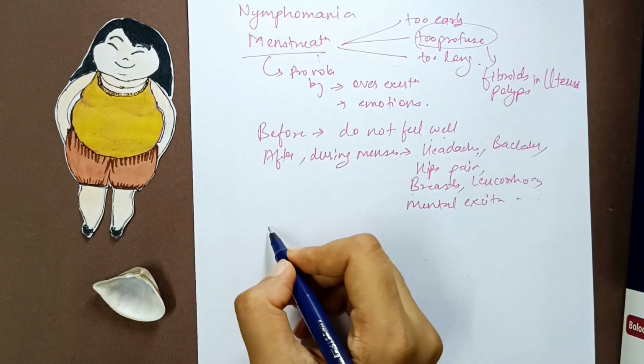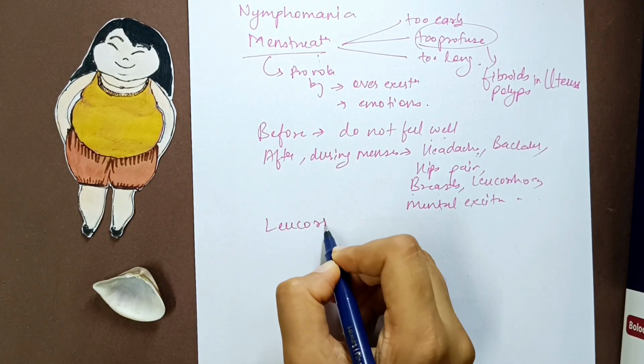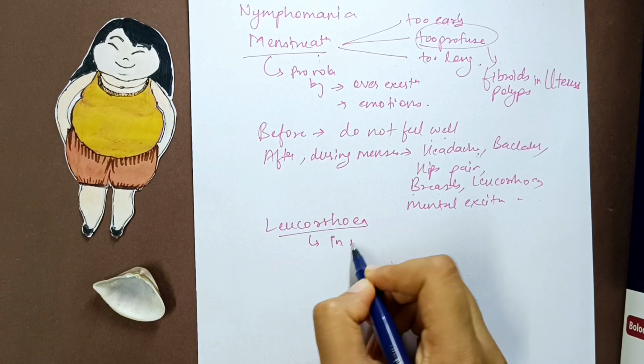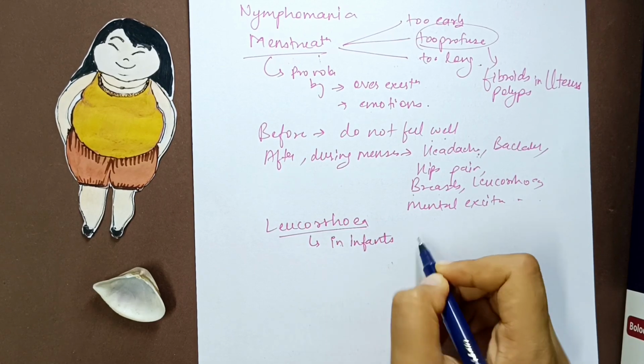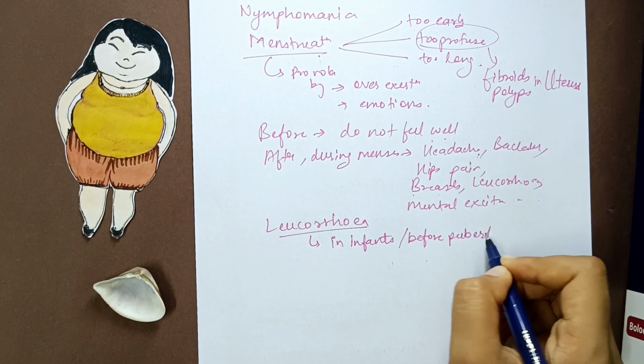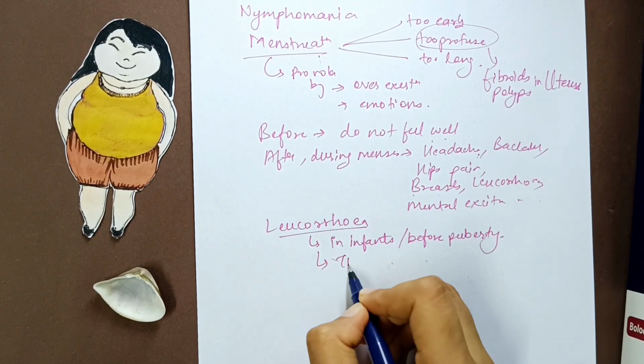Okay, and then when we talked about leukorrhea, a very important point we talked about, right? That there is leukorrhea in infants also, or before puberty also. Leukorrhea is thick and yellowish in color.